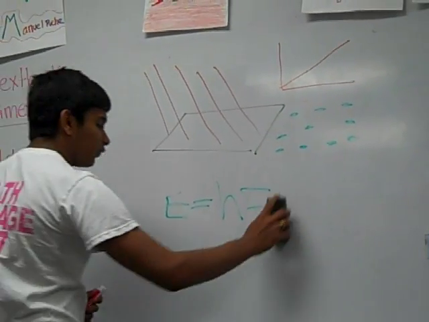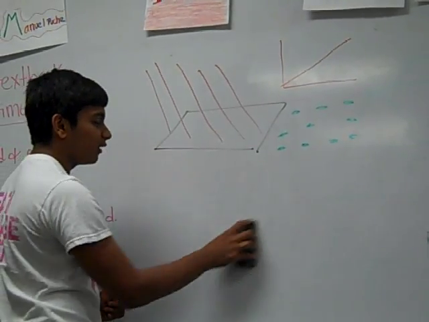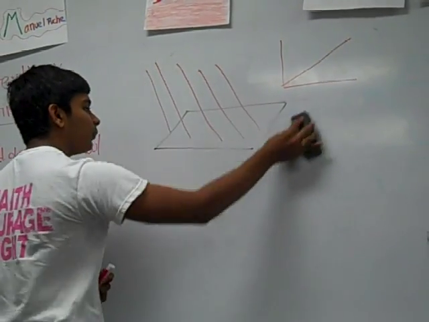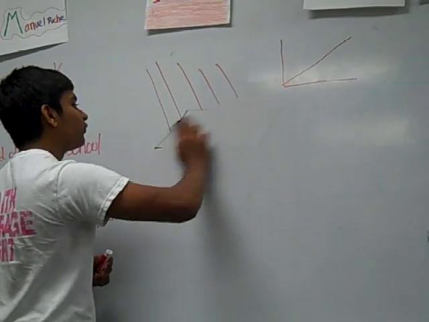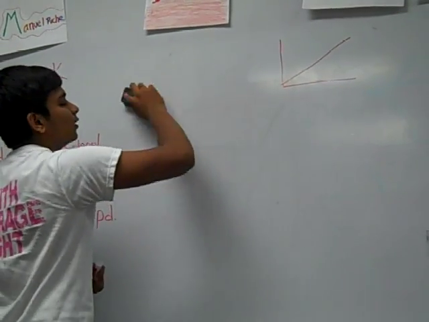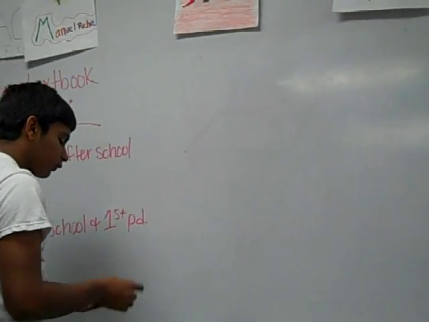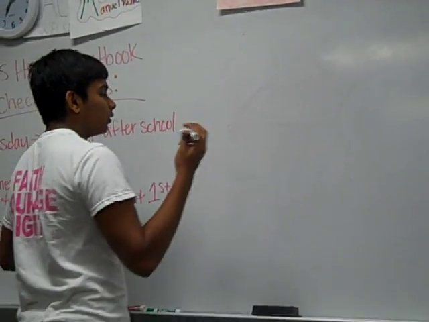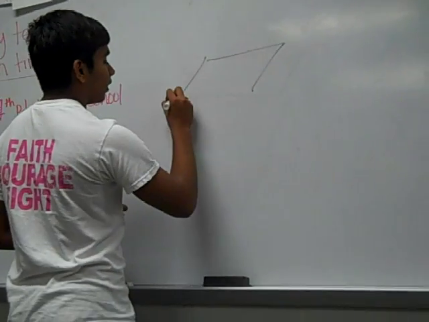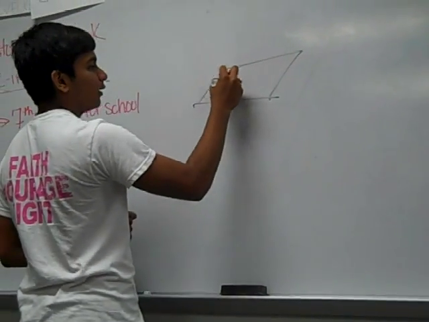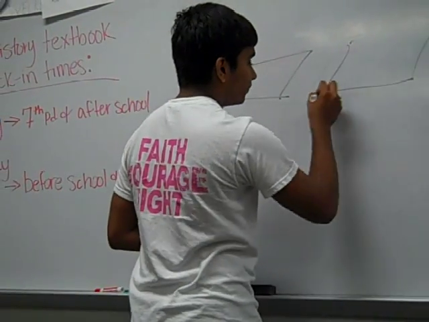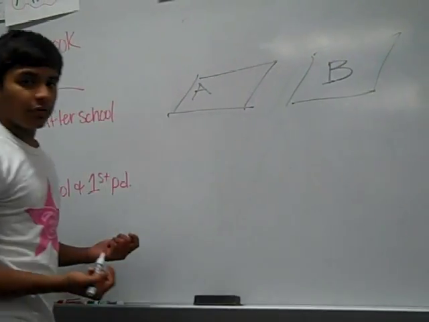But when further studies were done, it indicated that there was a certain amount of base energy needed for each metal to give out electrons. So for example, you could have metal A and metal B. Say that they're different metals.